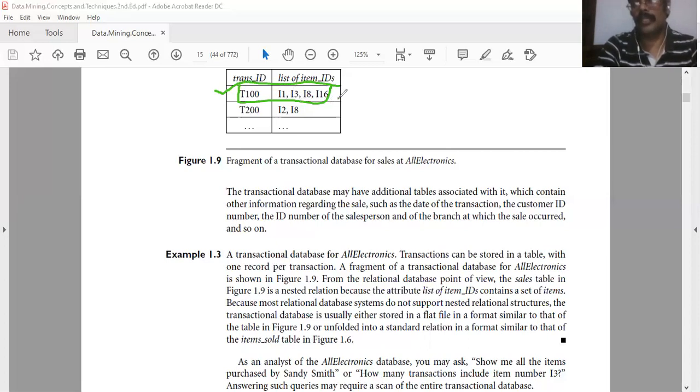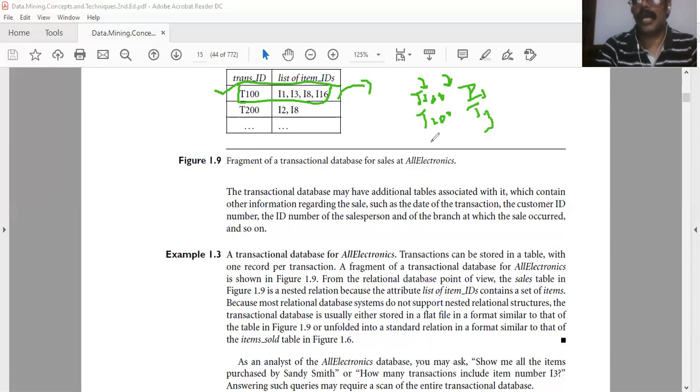When we convert this into relational database form, we have a transaction ID and then an item ID. The first tuple has the value T100, I1. The next tuple has T100, I3.